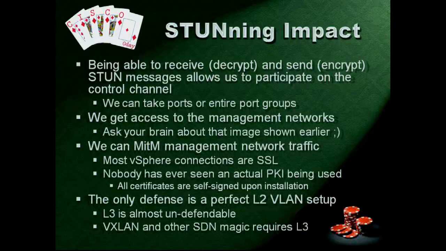It's nice because we can tell it, look, this and this port runs the management network, and this is where the vCenter is on. Give that to me. Thank you, I manage that for you. It's good. So we can man in the middle all the traffic, which is nice because there is no PKI and people get trained in VMware trainings all the time to say, ignore, remember decision.